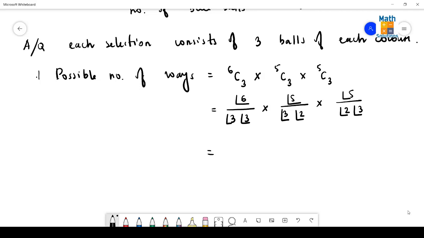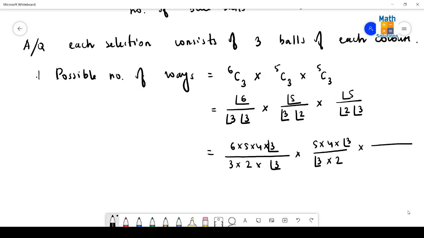After complete reduction, the result should come like this: 6 into 5 into 4 into 3 factorial, let us write it in proper factorial notation as we have been using, divided by 3 into 2 into 3 factorial, into 5 into 4 into 3 factorial divided by 3 factorial into 2, into 5 into 4 into 3 factorial divided by 2 into 3 factorial.